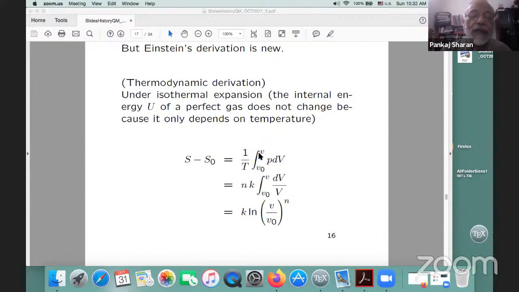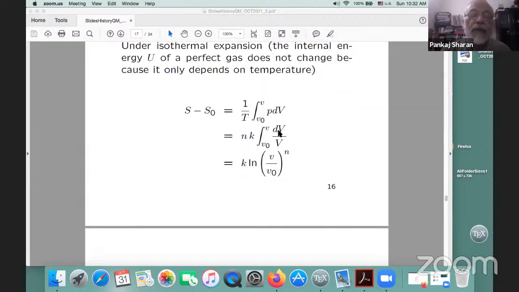So S minus S0 will be 1 upon T integral from V0 to V of P times dV, and since P upon T equals Nk over V, it will be the integral of dV over V, which is log of V minus log of V0.